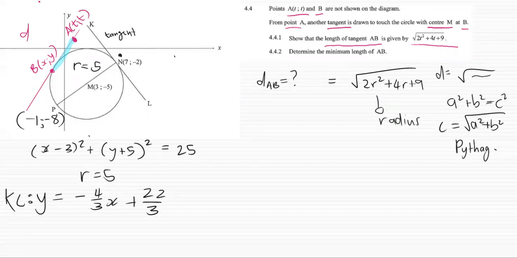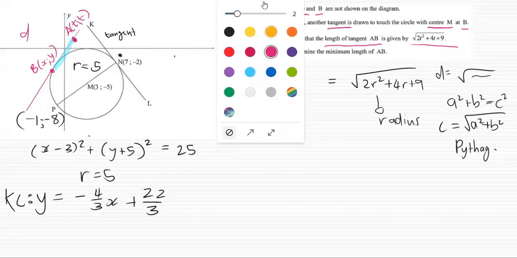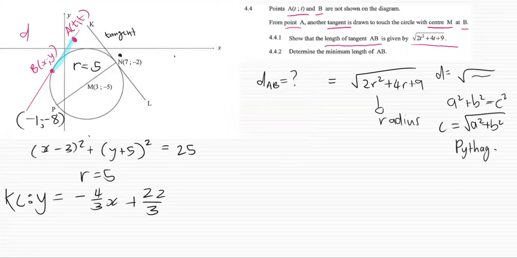So I want to look at the other information that was given: B is a tangent, which means that it hits the circle at a 90 degrees angle.